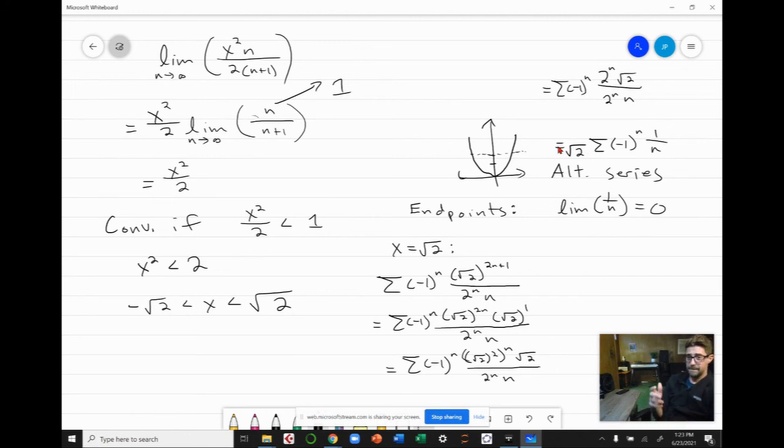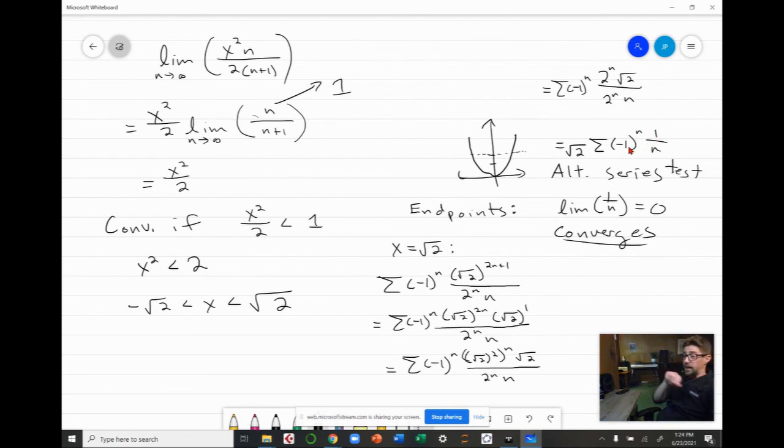Remember that? So you essentially ignore the negative 1. As long as 1 over n goes to 0 and it's alternating, the entire series will converge. So it converges by the alternating series test that I used. You could also say that 1 over n is a p-series with p equals 1.